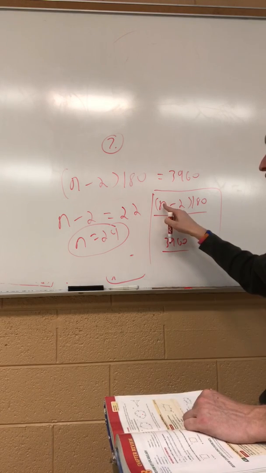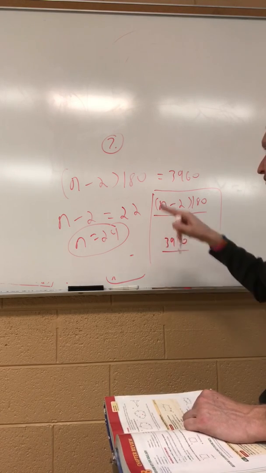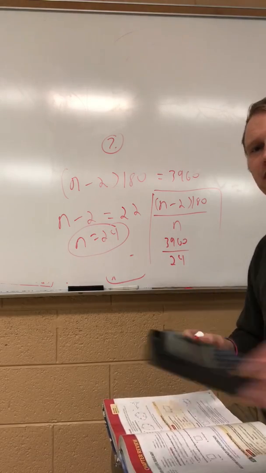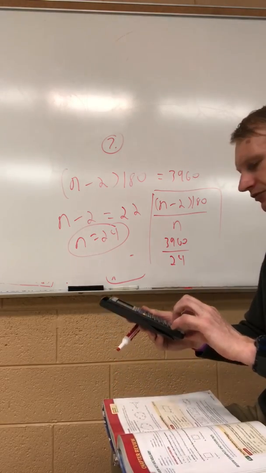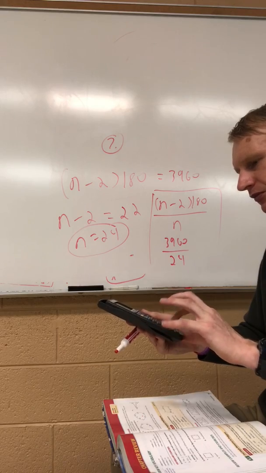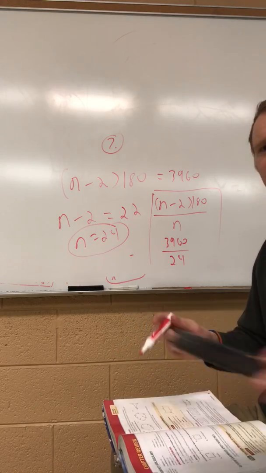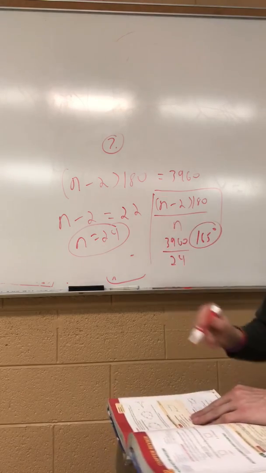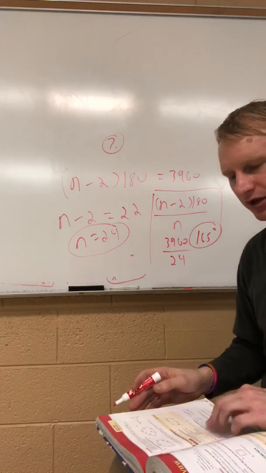Then you just divide that by 24, and that'll tell you the measure of one angle, which is 165 degrees. And that is number 7.